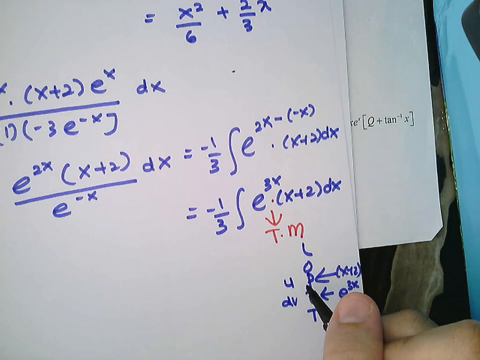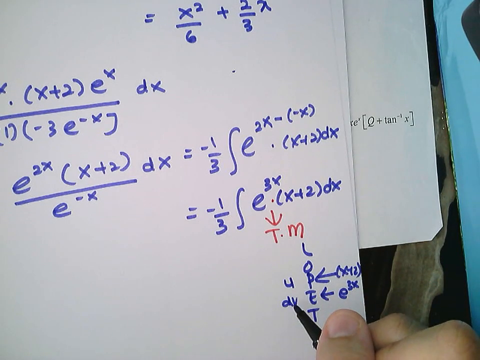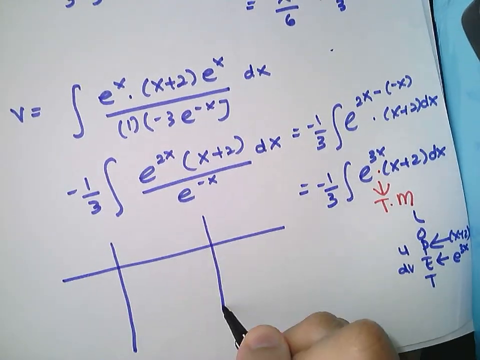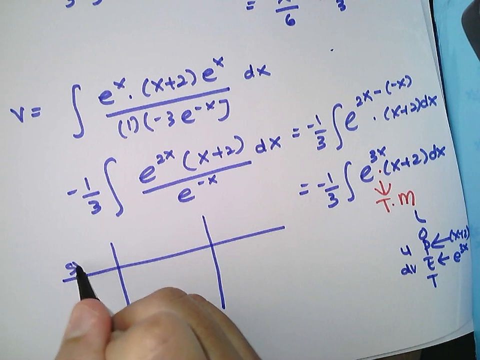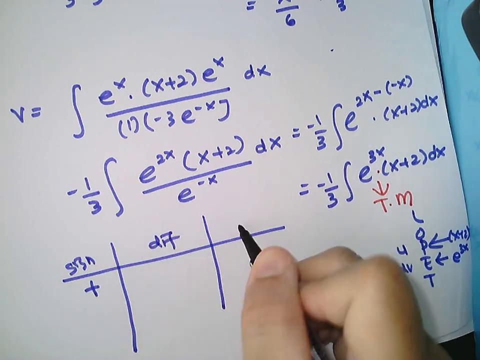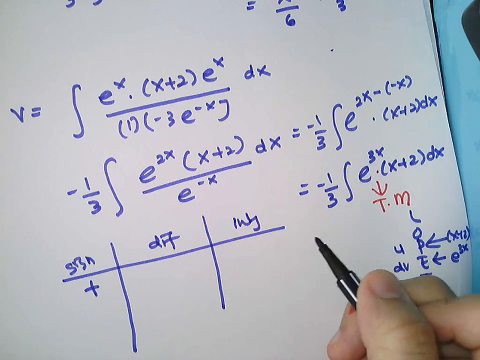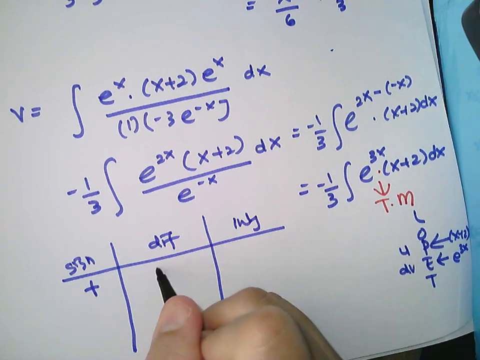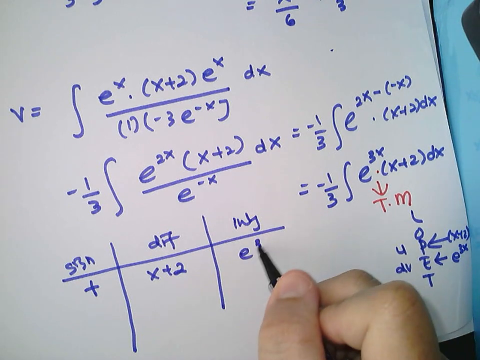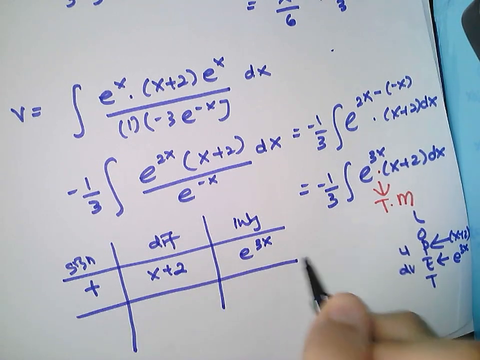You are going to differentiate this one and you are going to integrate this one. So this is your table, with plus minus signs, this column is differentiate and this column is integrate. So you are going to differentiate x plus 2 and integrate e^(3x).